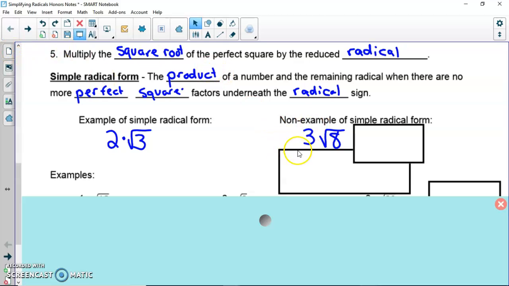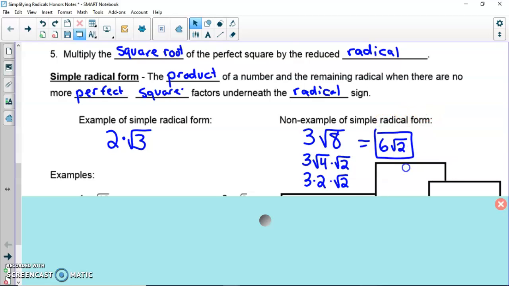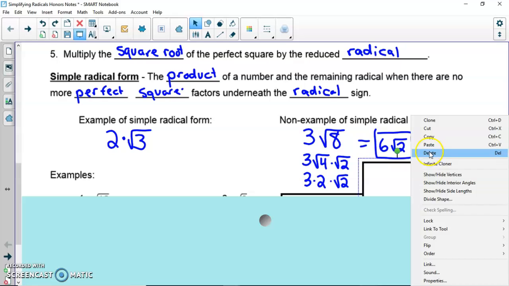So we'd want to rewrite this as 3 times the square root of 4 times the square root of 2, because the square root of 4 times the square root of 2 is the square root of 8. And then take the square root of that perfect square factor. The square root of 4 is 2. So I have 3 times 2, and I still have my square root of 2. And so ultimately, that would be equal to 6 times the square root of 2, because 3 times 2 is 6.